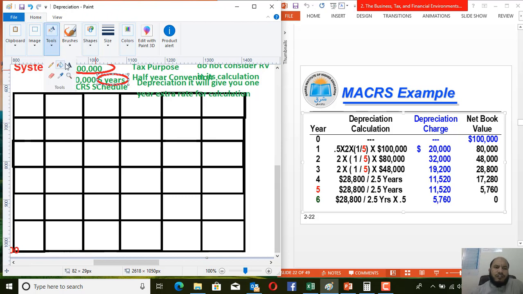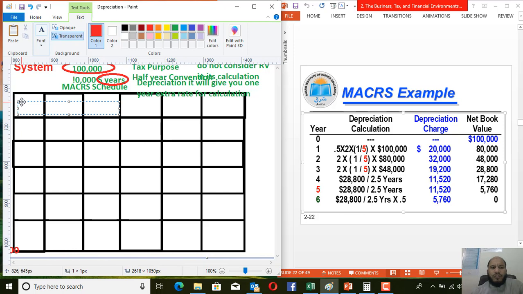Dear students, we have again the same chart, the same schedule. The first column is for the years, the second column is for the cost of the equipment or machinery, and the third column is for the rate of depreciation, the MACRS rate. DEP means depreciation.